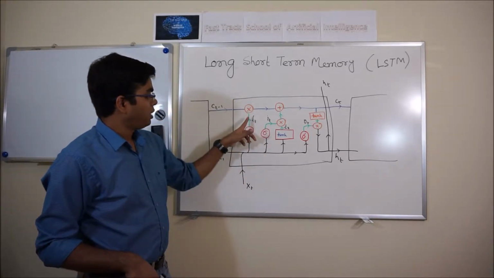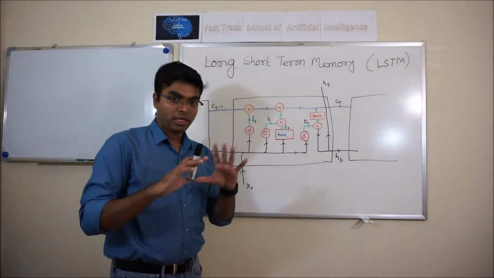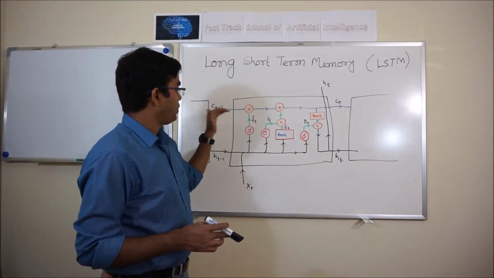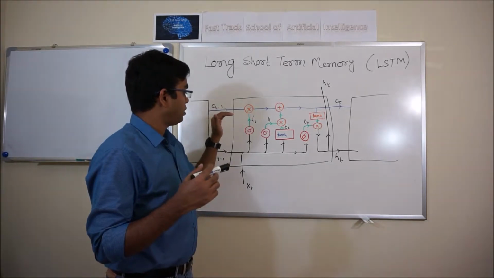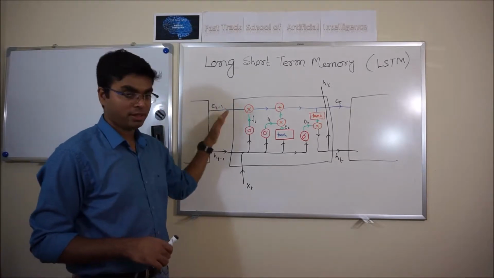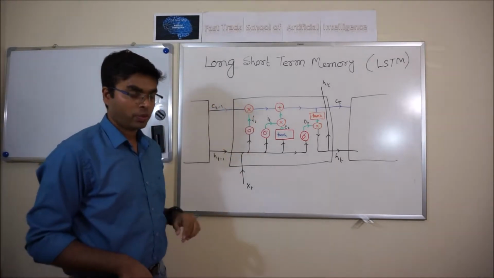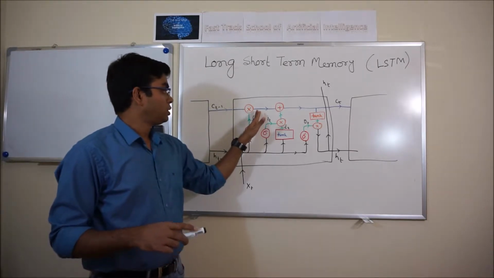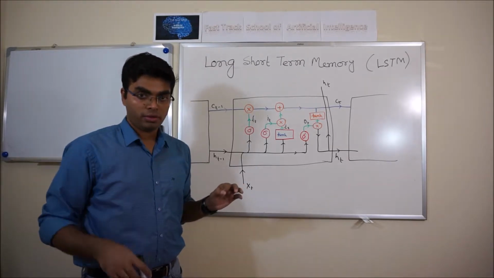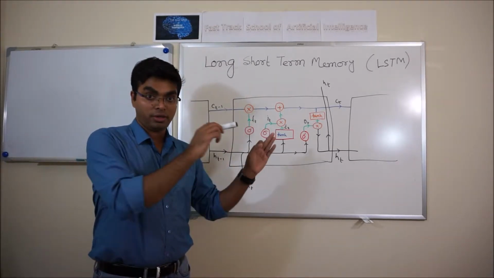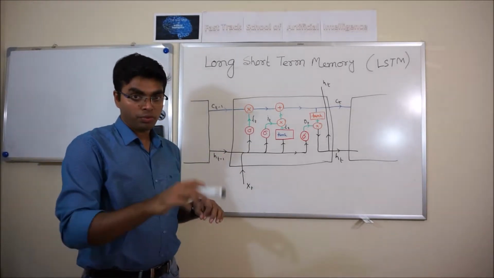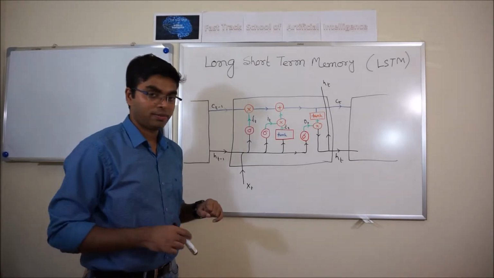And that gate output will be pointwise multiplied with the previous module cell state, that is ct minus 1 here. As I already said, this gate will produce a sequence of values between 0 and 1. 0 means that information at that particular position should be completely forgotten. 1 means it should be completely transferred to the next step.